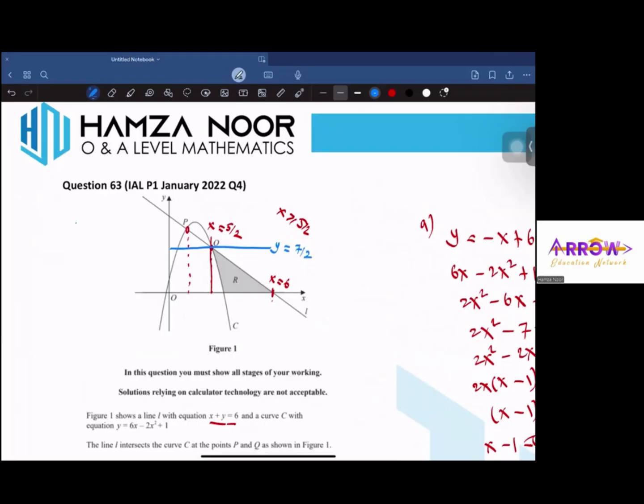So we can also say that y is greater than or equal to 0, less than or equal to 7 over 2. In the same way, as I was trying to tell, we can say that x is greater than or equal to 5 over 2, less than or equal to 6. However, the two inequalities in this form are not compulsory to be mentioned. If you write your answer in this way, that is also perfectly fine. Okay, but it is not compulsory to mention this over here.